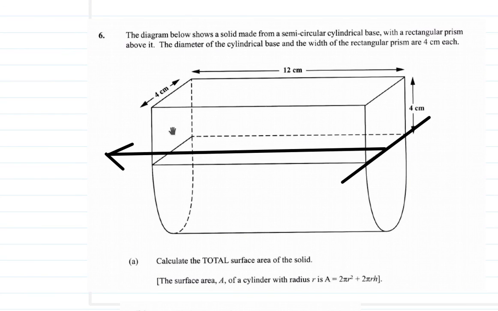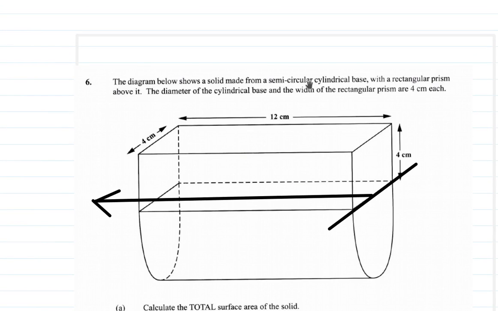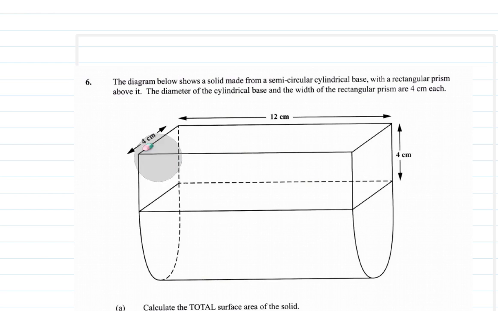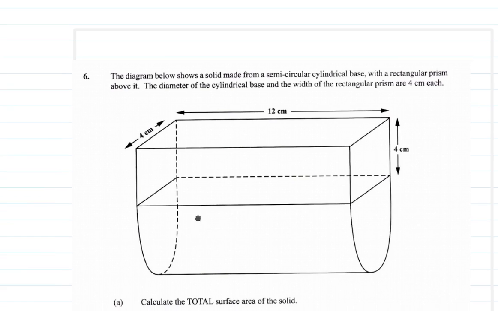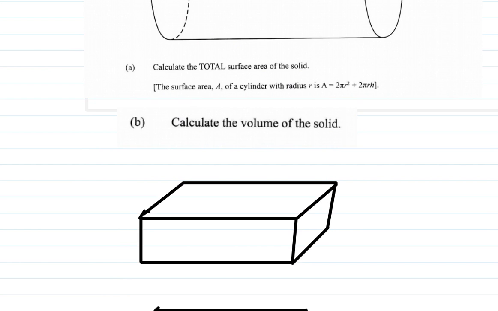This is 4 by 4 by 12. You have a rectangular prism, not pyramid, prism. The pyramid would have a pointed top, like the Egyptian pyramid. It should be prism. So the prism would look like this, 4 by 4 by 12.